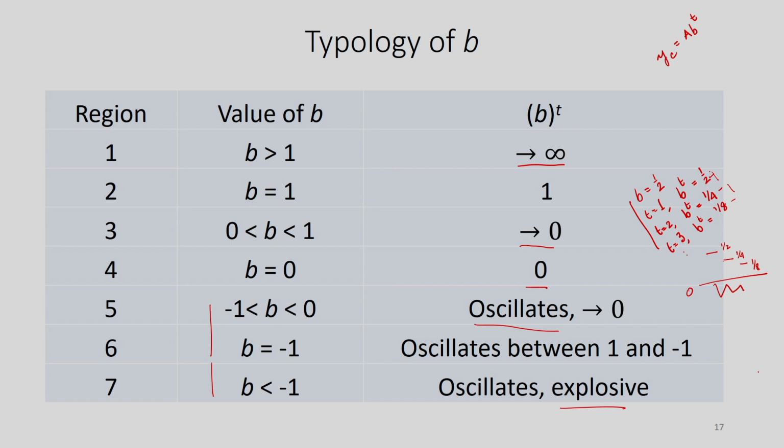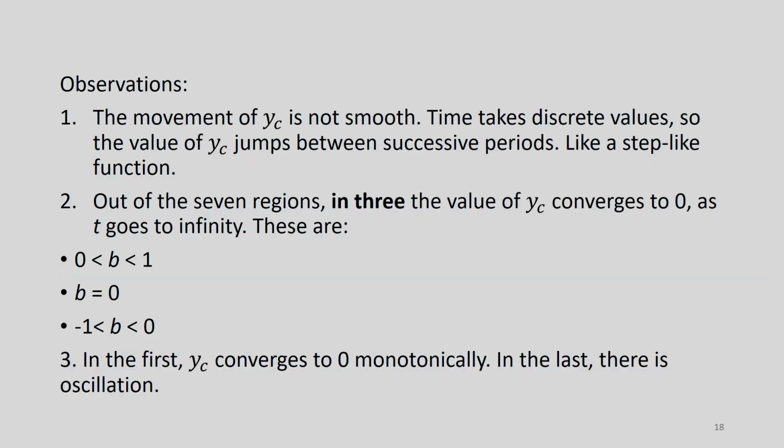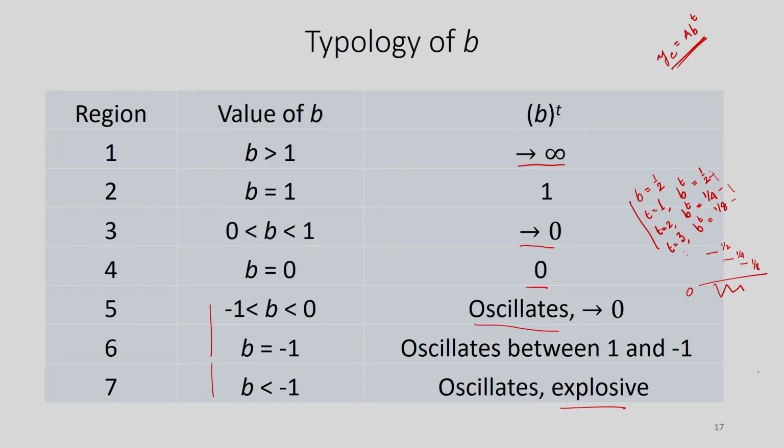So, that is what I mean, that the movement of yc depends on b to the power t, but b to the power t is not a smooth function. It takes the values of t which are discrete, therefore, b to the power t also misses many values between the successive two values. Okay, it is like a step like function. So, that is what I mean by this. You can imagine this to be steps, right. So, it is a step like function.